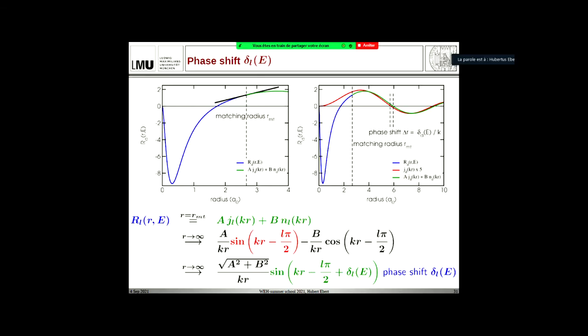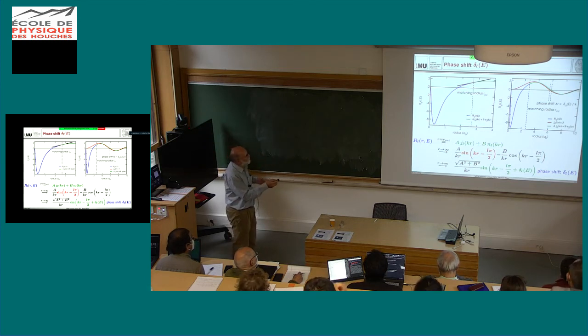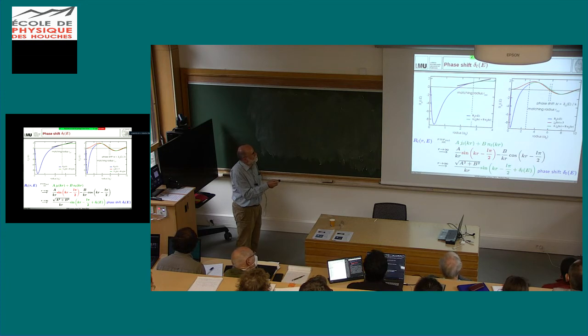Another way to see this matching is that on the one hand, you have seen we can deduce the T matrix from the requirement to have smooth matching of the solution inside and outside. But we can now compare that asymptotic solution to the solution you would get if there is no potential.